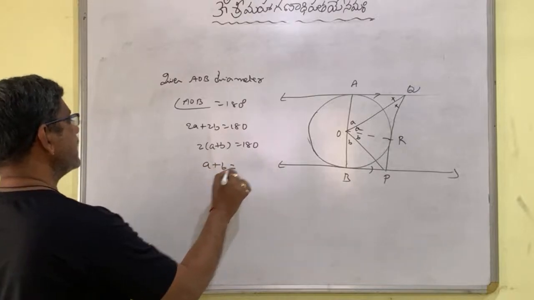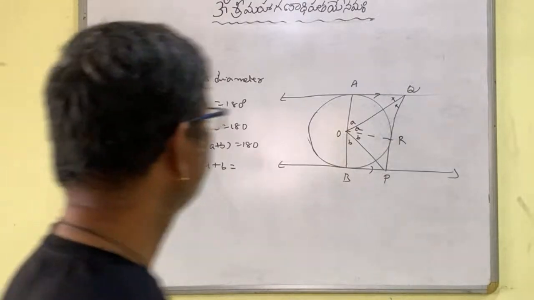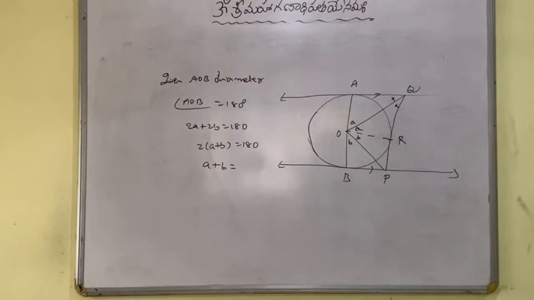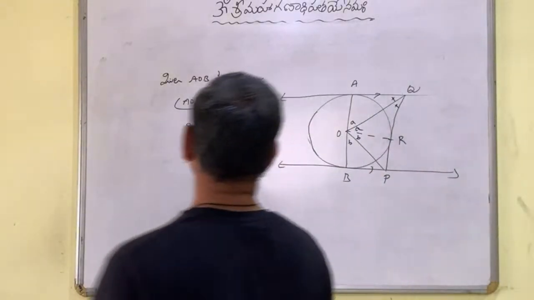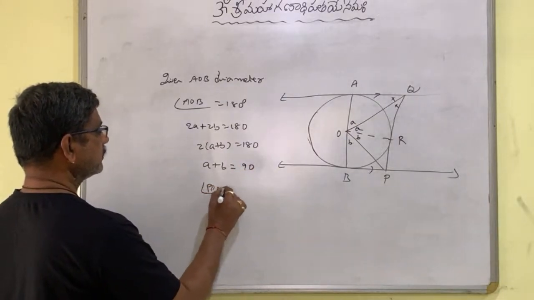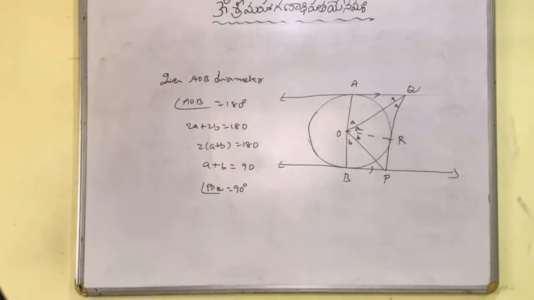Then what is A plus B? I'm not writing all the proof. 90 degrees. Good. A plus B is nothing but angle POQ. Angle POQ is 90 degrees.